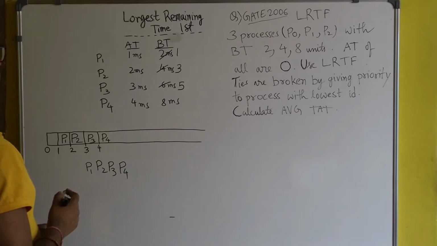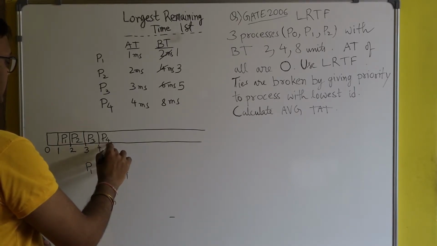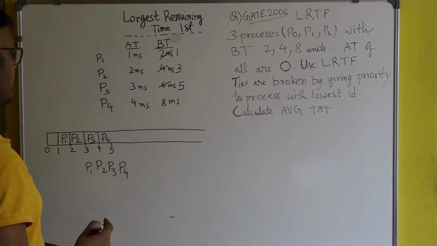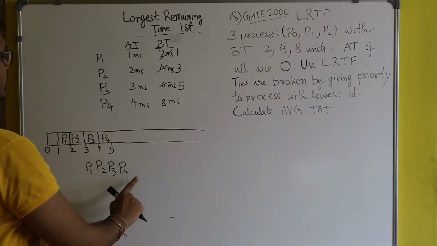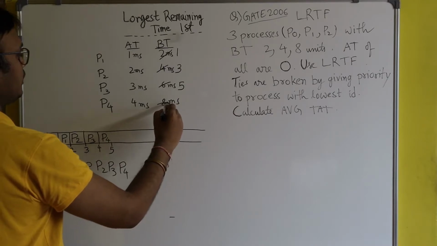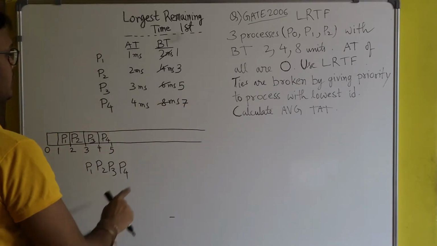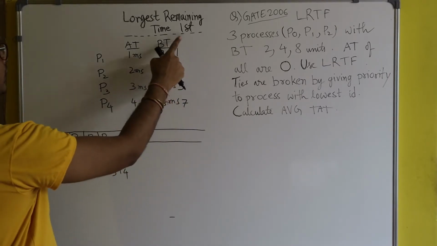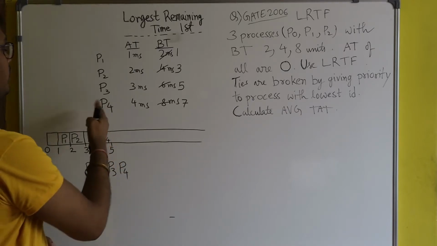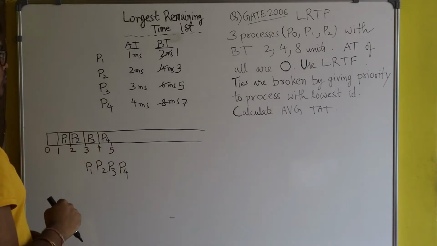After running for a further 1 millisecond, what is the burst time left for process P4? 7 milliseconds. And still 7 milliseconds is larger than all the other burst times. It means P4 still has the largest burst time, so the CPU will remain with process P4.